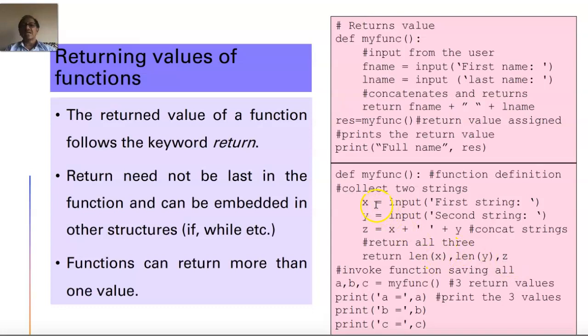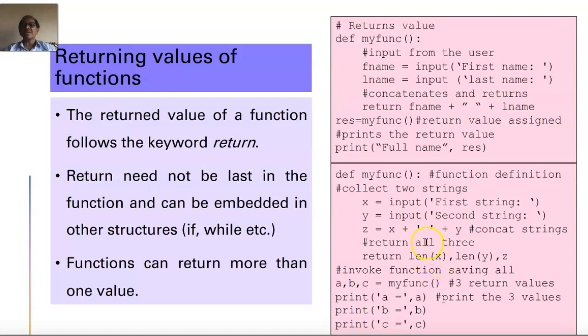That is, it calculates the length of the word which it takes from the user, and it also calculates the length of the word which it takes as a second string from the user, then concatenates them and prints what is concatenated. In fact, we don't need to use length. We can even return x, y, z, then it gives you the words which it has taken.